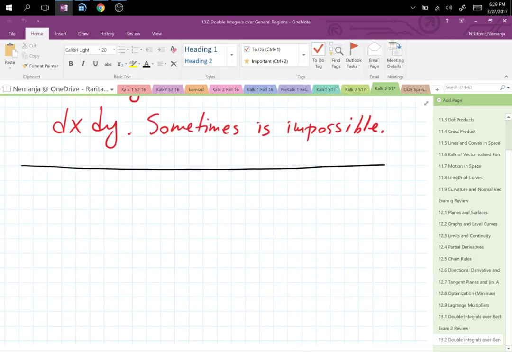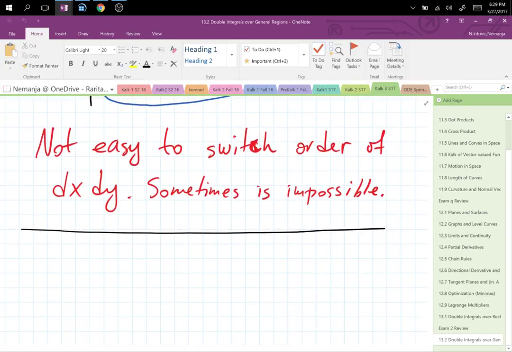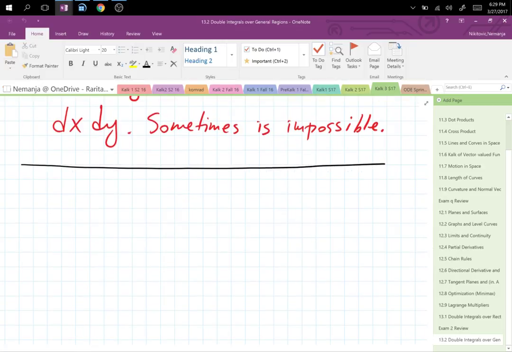Wait, what just happened? It didn't save your thing and shut down. You got rejected. I'm not sure what just happened. I think the computer said OneNote stopped responding. Yeah, OneNote. I actually didn't see it stop responding. Was there anything in between?